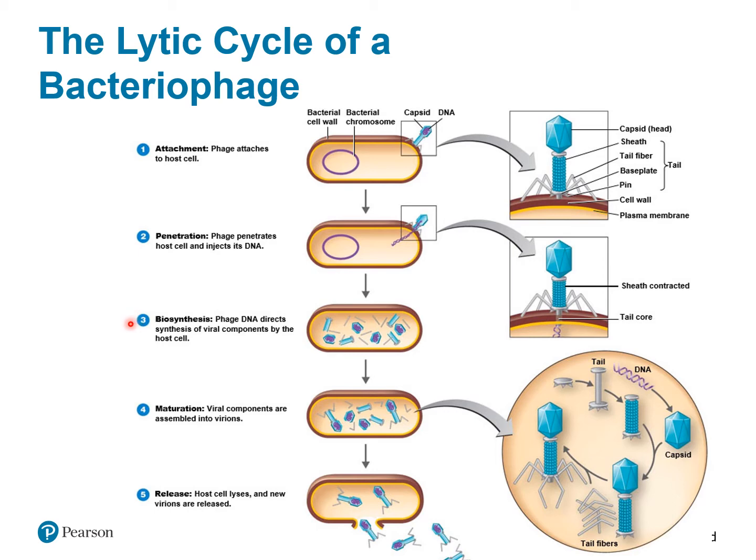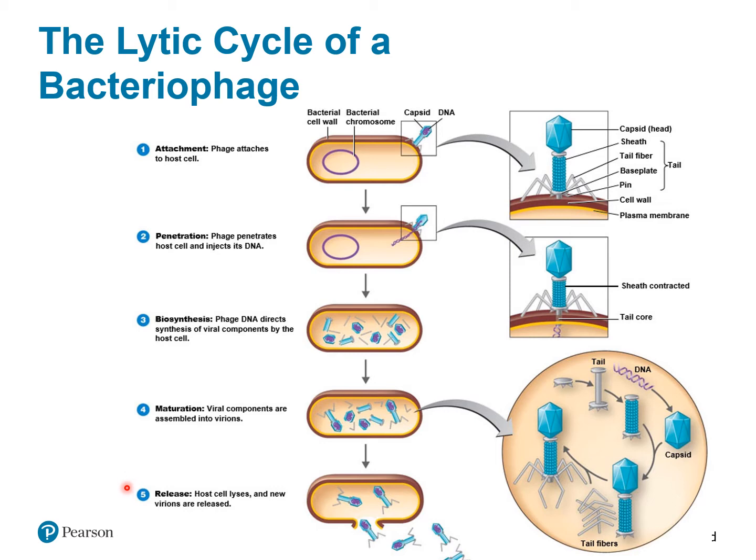Third is biosynthesis, and that's when the virus is going to start using the host's enzymes and ribosomes to make its own viral components and to multiply inside of the host. Fourth is maturation, and that's when all the viral components are going to be assembled together into virions.